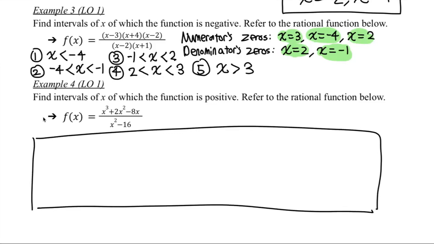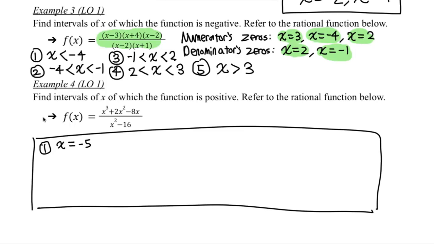Our first interval's test point can be x is equal to -5, because -5 is a value that is less than -4. I'm going to plug -5 into this entire fraction and determine what value we get. This is a time-consuming process, but it is good practice to know what values come out when we plug in test points.